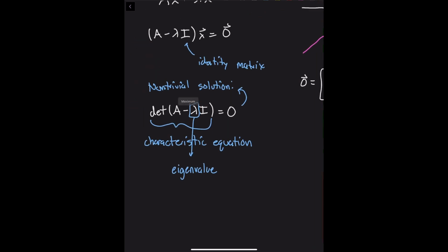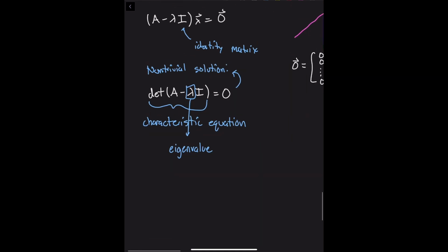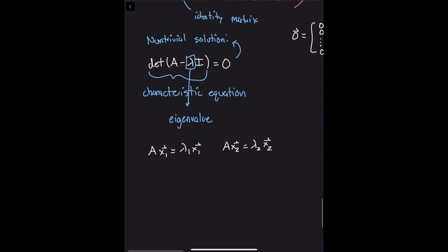So if there's A times x1 equals lambda 1 x1, and there can be other vectors where the matrix also has this property, but it would have a different value of lambda. Okay, so the lambdas are the eigenvalues.